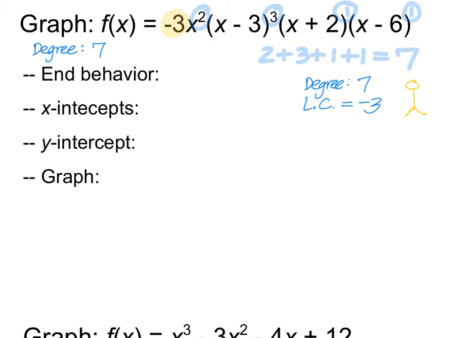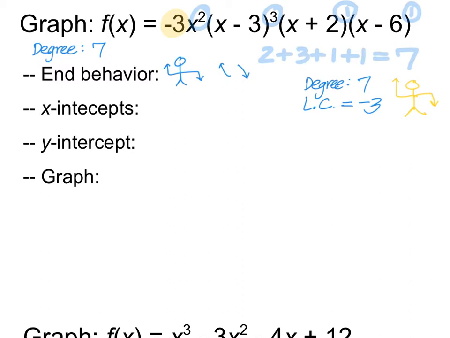Well, it's an odd degree, so the two ends are going to go in opposite directions, and the leading coefficient is negative. So there's my end behavior. Let me draw it right here. I'm going to represent my end behavior using my stick figure. You could also represent it just by doing something like that.